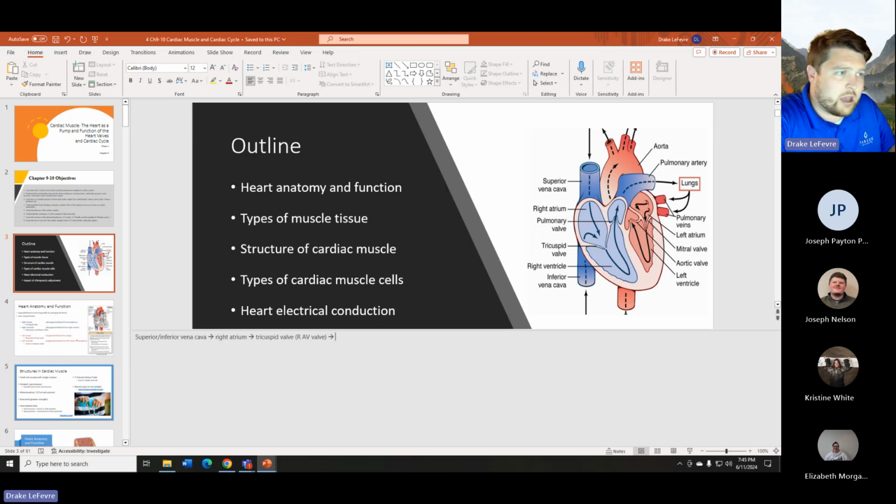From the tricuspid valve, it goes to the pulmonary arteries, then to the lungs, and comes back from the lungs through the pulmonary veins. Then it goes into the left atria. Then from the left atria, it goes through the bicuspid valve, aka the left AV valve.